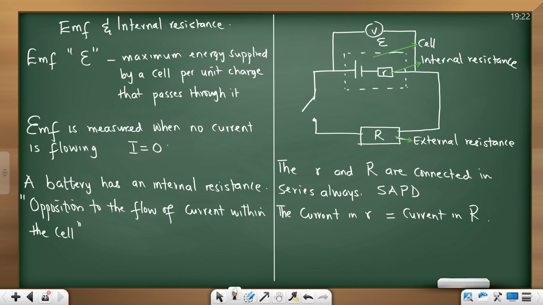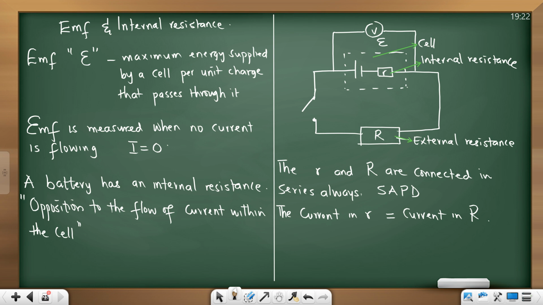So the current that flows in the internal resistance would be the same because they are connected in series. So do I add them here to find my current? No, you don't add. If it's the same, you don't add. Why is it the same? They are connected in series.